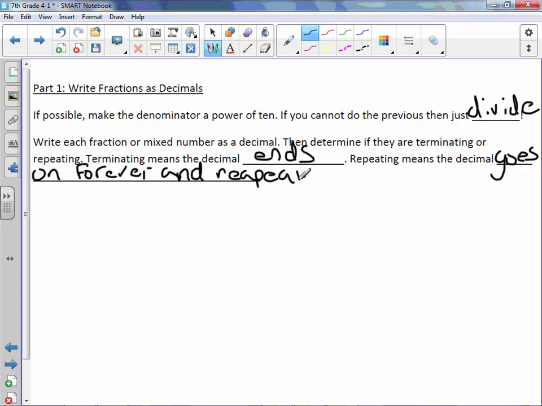And what I mean by repeats is that a number, any number, or numbers other than 0.